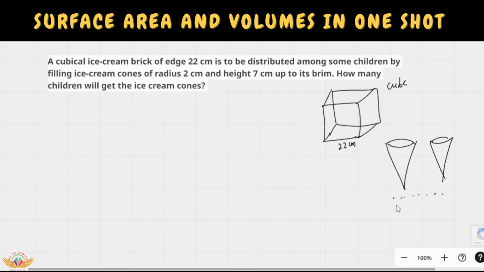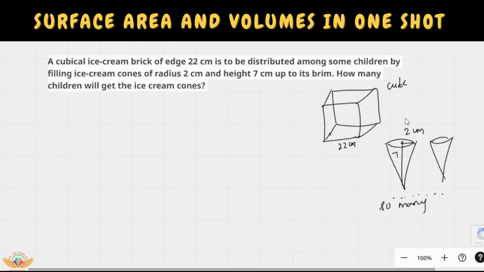And they are taking ice cream from this cube and filling it into the cones. Okay, and they gave the radius of this cone as 2 centimeters and the height as 7 centimeters. Done. So how many cones are required to fill this entire cube of ice cream?